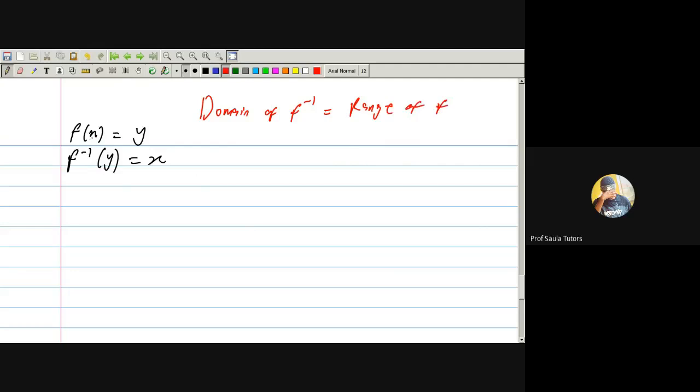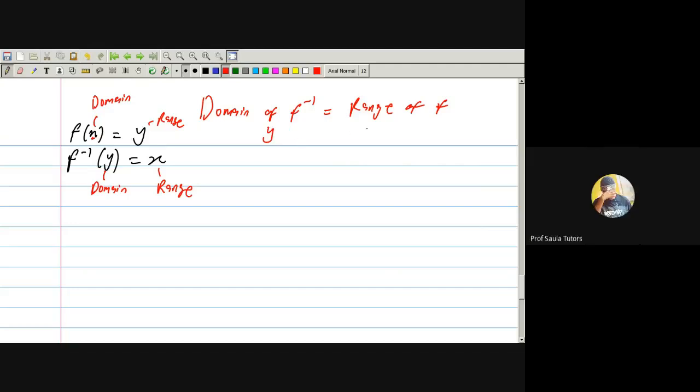I told you that in F of X, X is my domain and Y is the range. So tell me, what is the domain of F inverse? That's Y. Also, this is the domain, and this is the range.